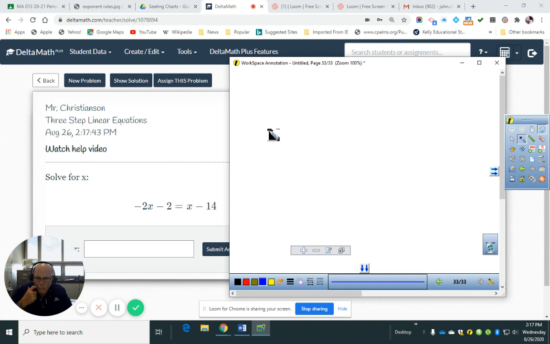We take this, and I have negative 2x minus 2 equals x minus 14. And so I either want negative 2 to move over here by adding 2 to both sides, or I want the negative 14 to move over there by adding 14 to both sides.